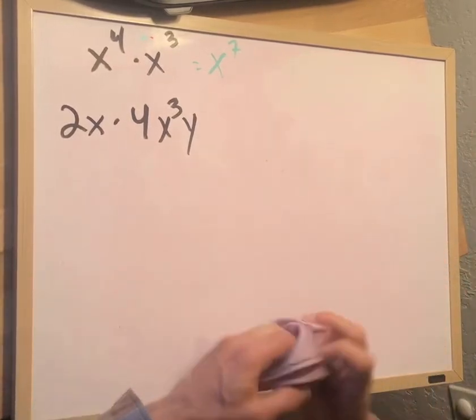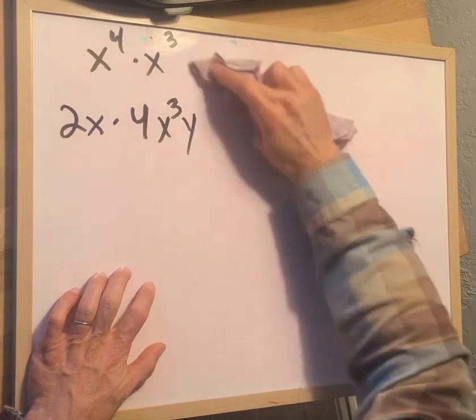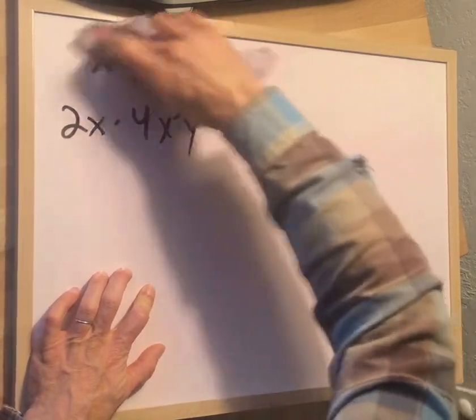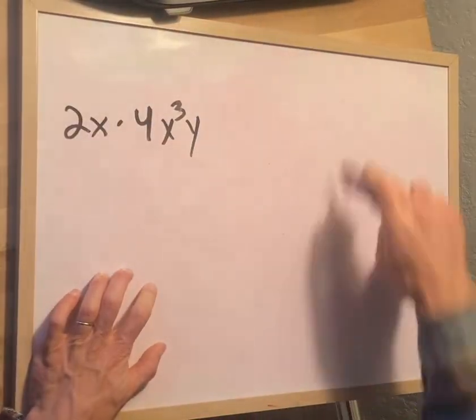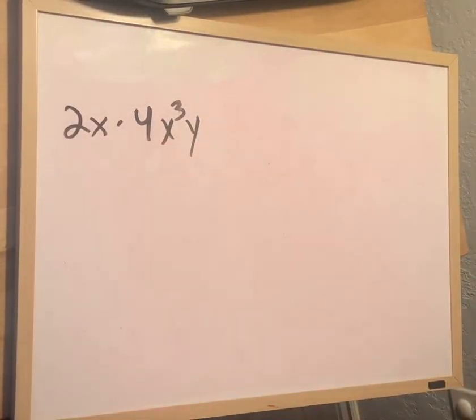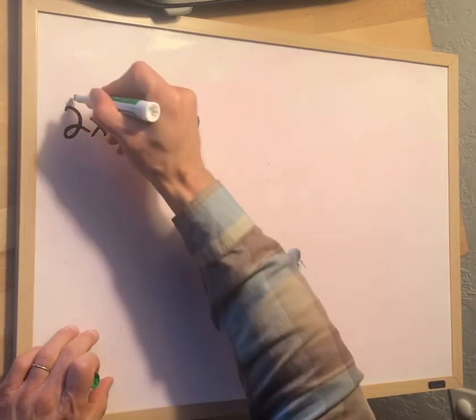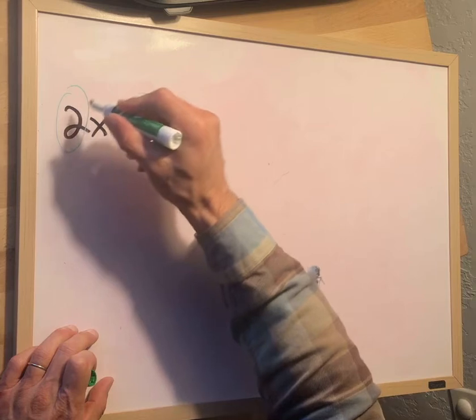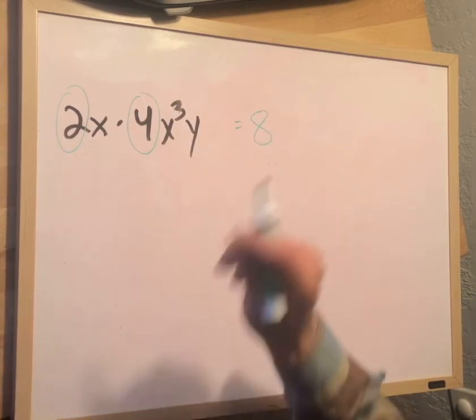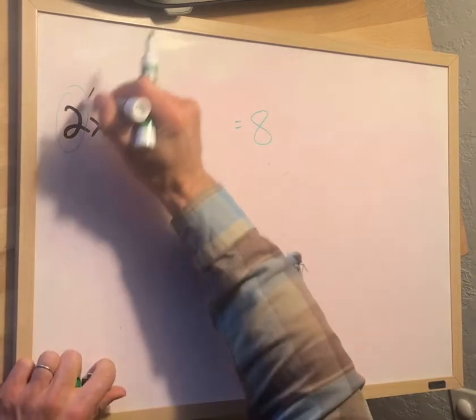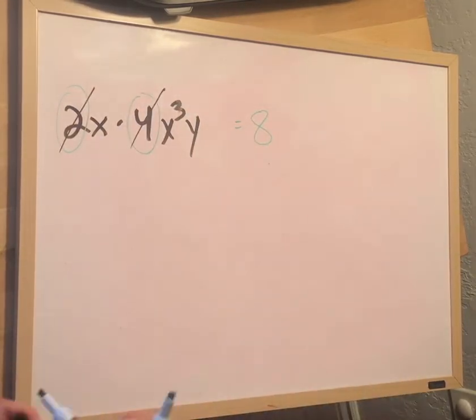All right, so if you went ahead and tried this right now, you should understand that there's only one really thing that you're multiplying together, or two things. Anytime you have numbers, you're always multiplying those. 2 times 4 is 8, and like I said, I like to cross it off so I know what else I have to do.